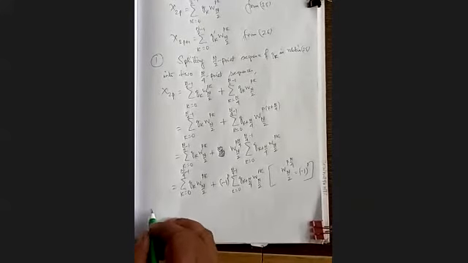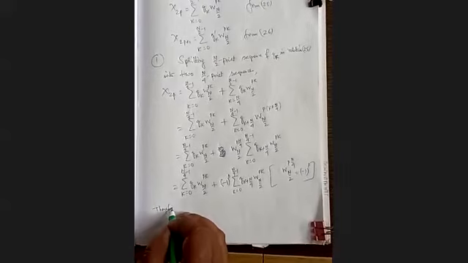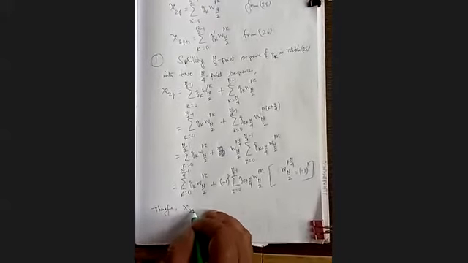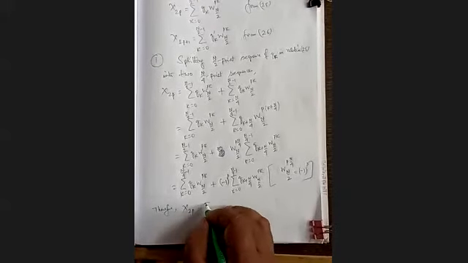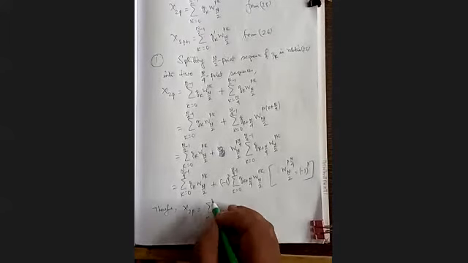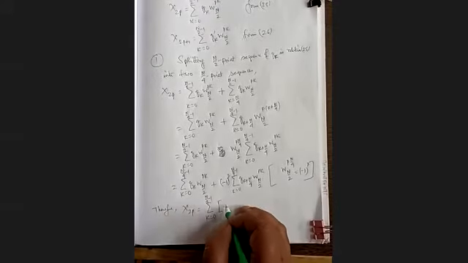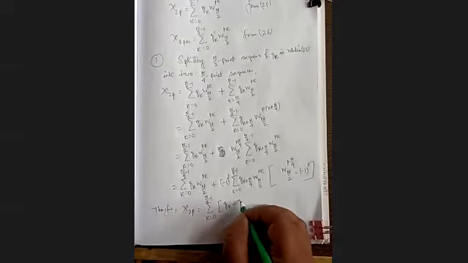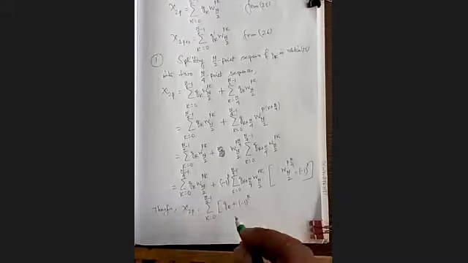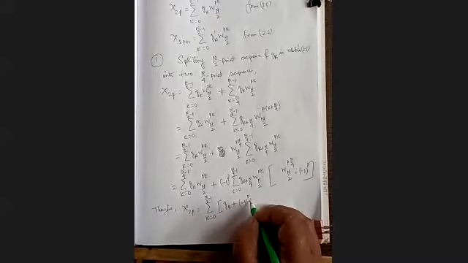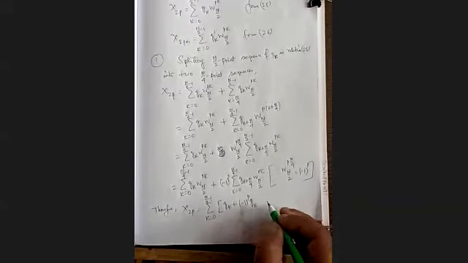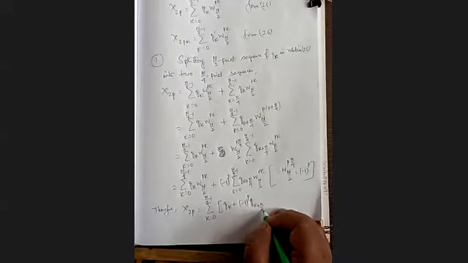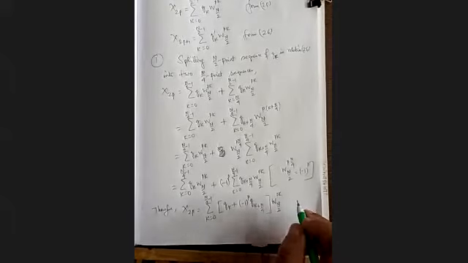So therefore we can write X2p equal to, we are taking the summation sign as common, then we are writing Gk plus minus 1 to the power p, Gk plus n by 4, then Wn by 2 to the power pk.